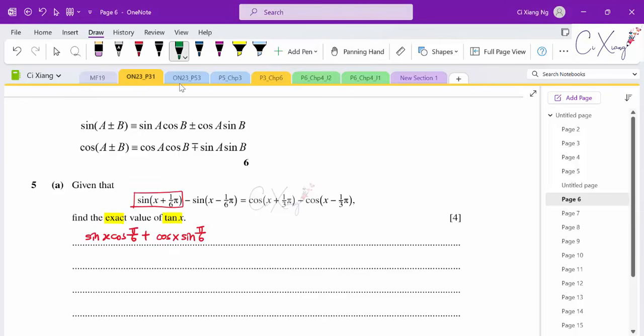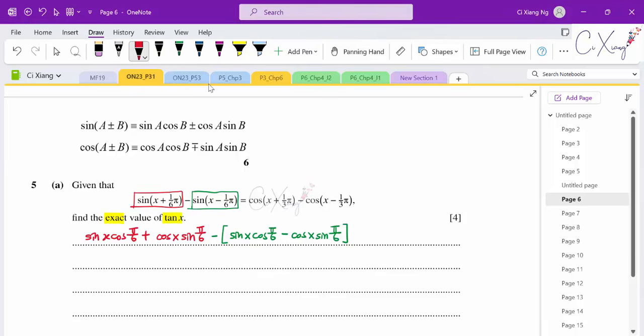Okay, then for the second term, you have to minus sine A minus B. So you take a minus, don't forget about the bracket, and then you expand it by using the compound angle formula. So sine A minus B, you will have sine A cos B again. So sine A cos B, then minus cos A sine B, so cos x sine pi over 6, then close bracket.